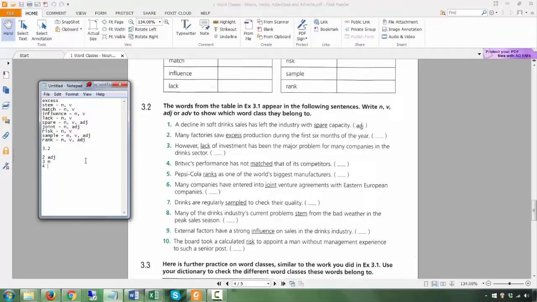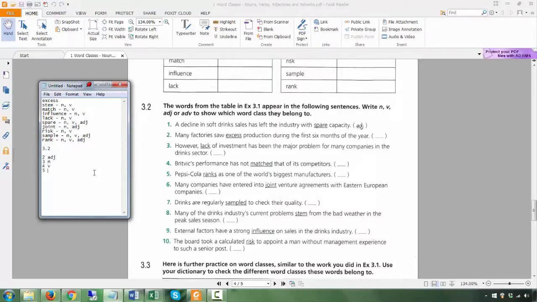4. Performance, VIX performance, that is your subject, has not matched, that is your present perfect simple tense. The word here will be, match will be a verb here. 5, Pepsi Cola is the subject, the noun.